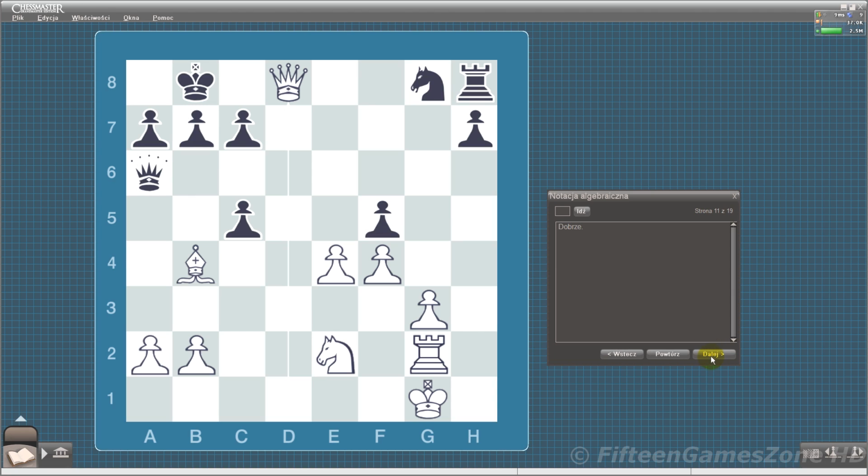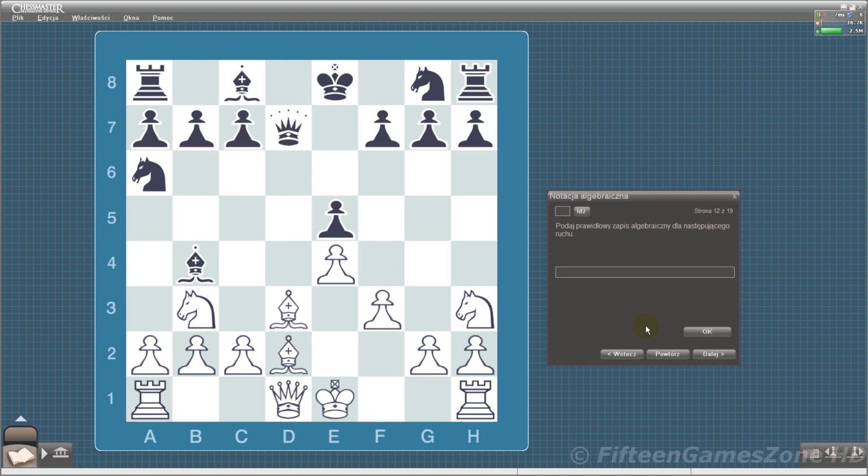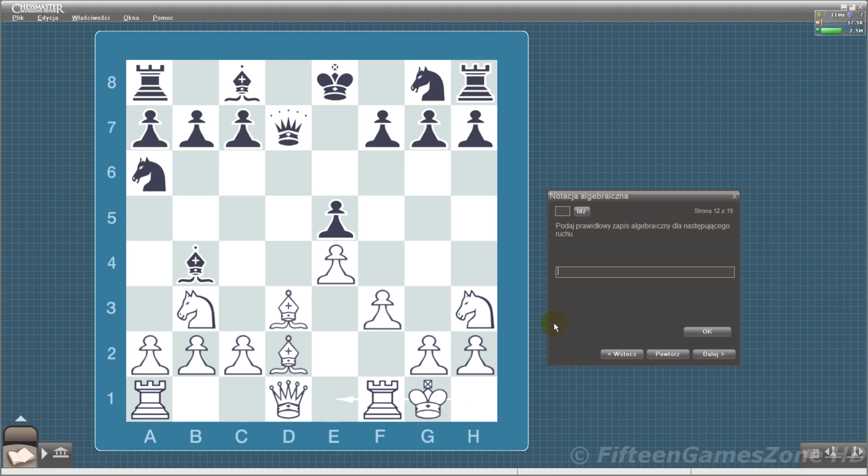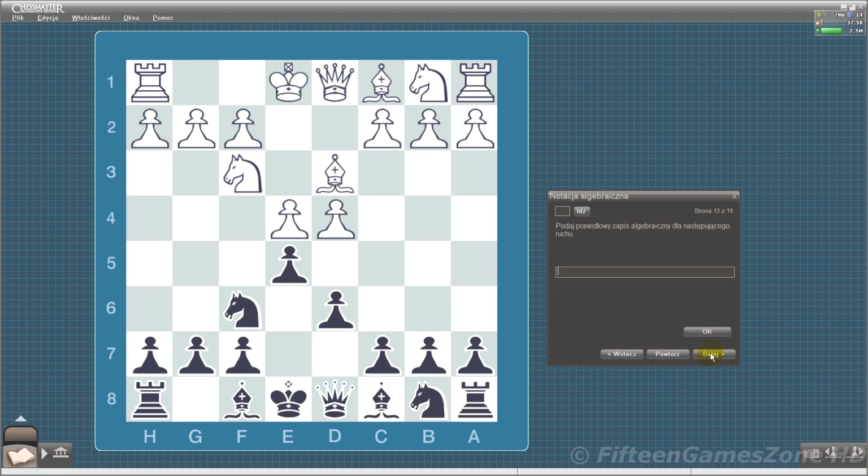Correct. Type in the correct algebraic notation for this move. Correct. Type in the correct algebraic notation for this move.